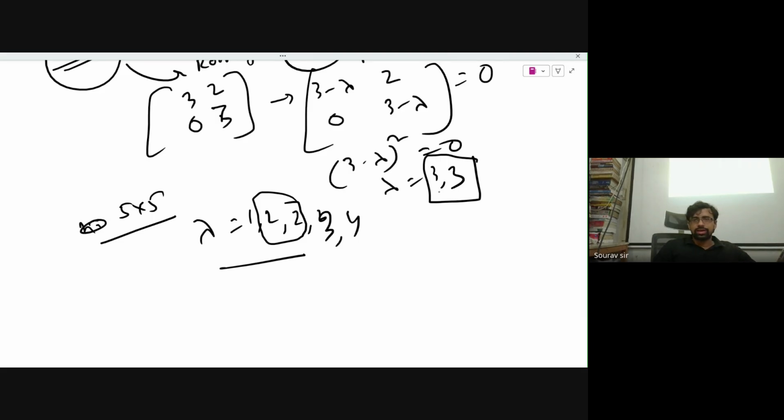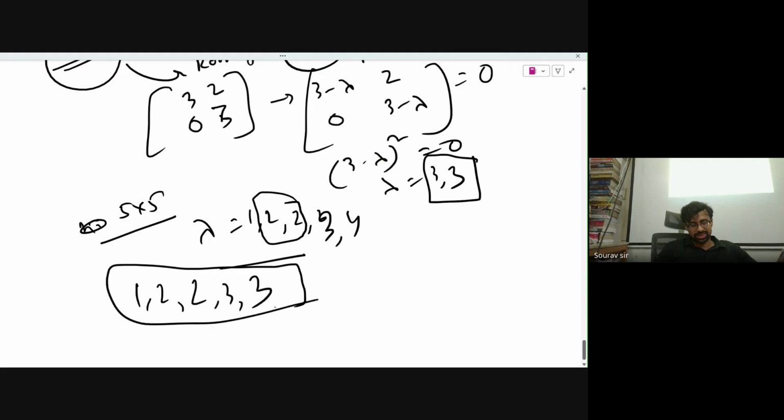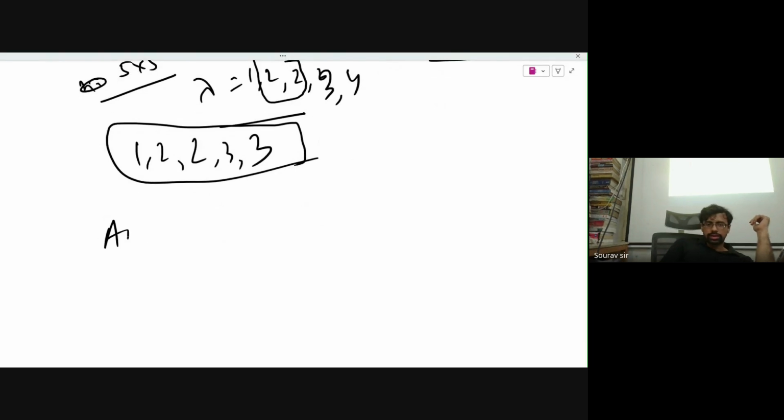Then in this case what is the algebraic multiplicity? One, two, two, three, three. तो मैं लिखता हूं, इसे ऐसे लिख.